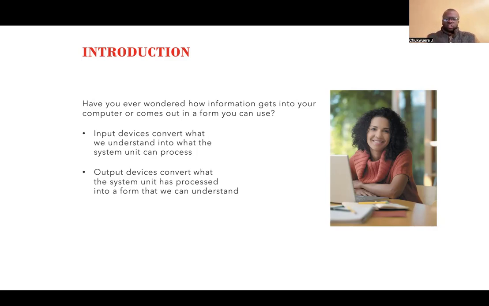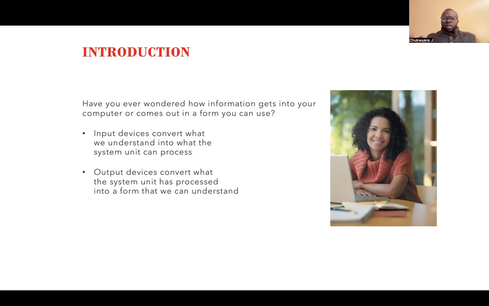It translates what the system unit, from the last presentation, has processed into what you can understand. So the first process is what you can understand, the second is what the computer can understand, and the third is what you can understand again.